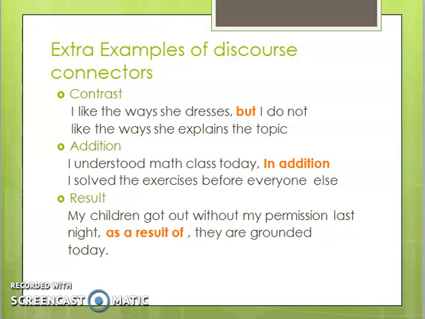And the result: since something has a cause, it continues with a consequence, or a result. The example says, my children got out without my permission last night. As a result of, they are grounded today. As you can see, guys, we are given some examples of these 3 important connectors in sentences.